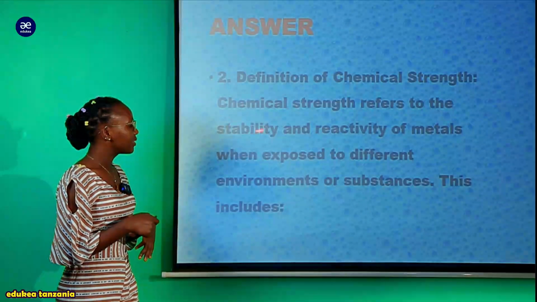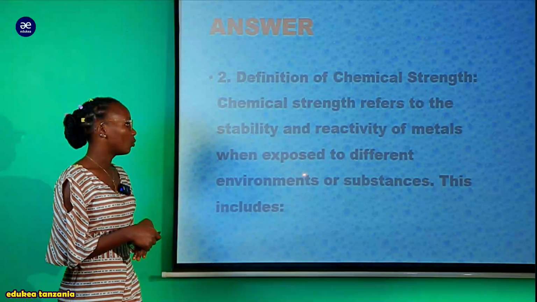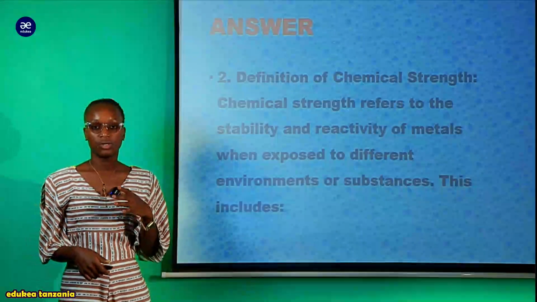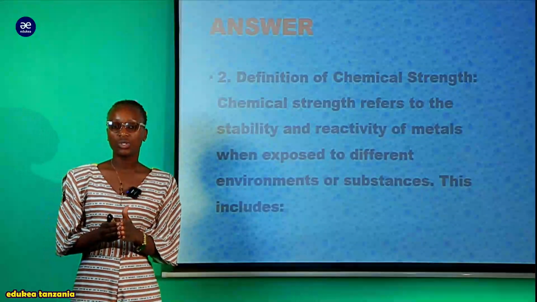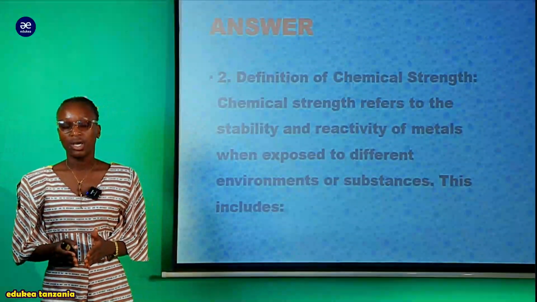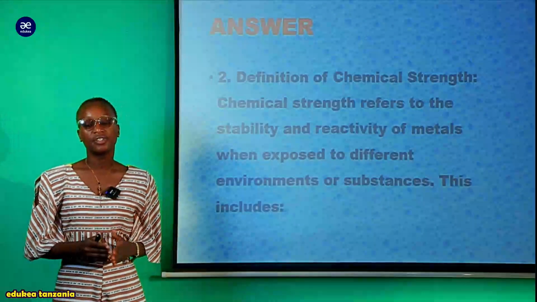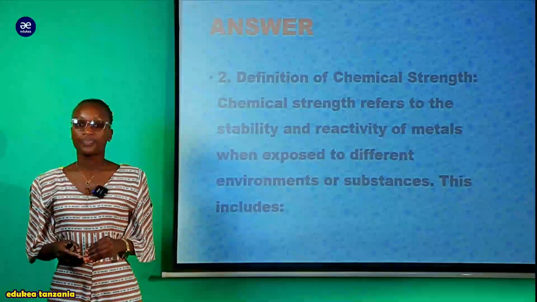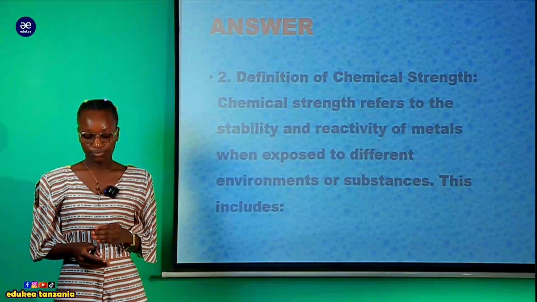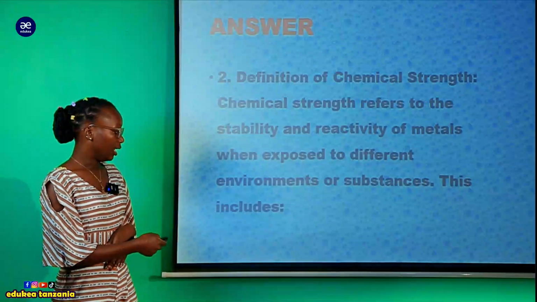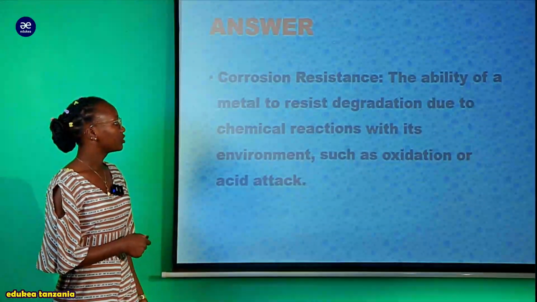Strengths refer to stability and reactivity of metal when exposed to different environments or substances. Kwamba ile situation of metal to make a reaction, ile ability, ile reactivity is what we call chemical strengths of the metal. So let us see those reactions.